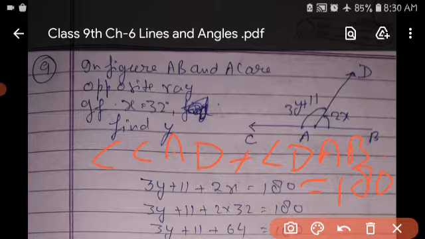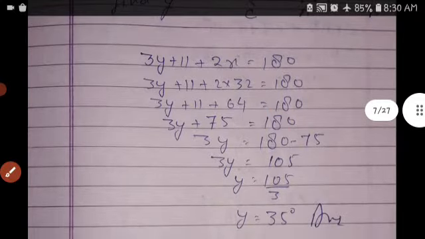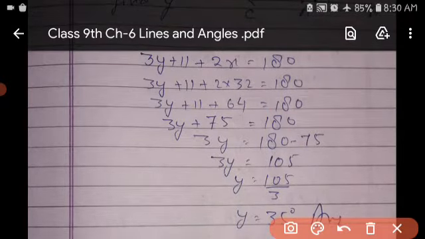Now put the angle CAD is equal to 3y plus 11 and DAB is equal to 2x. Putting their values, 3y plus 11 plus 2 into 32, which is 64. 11 plus 64 is equal to 75.